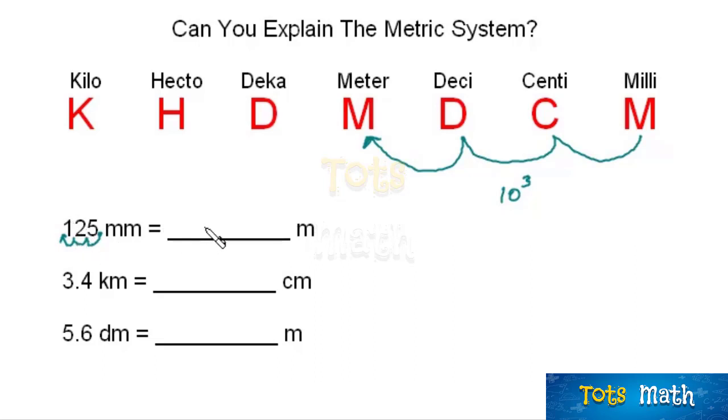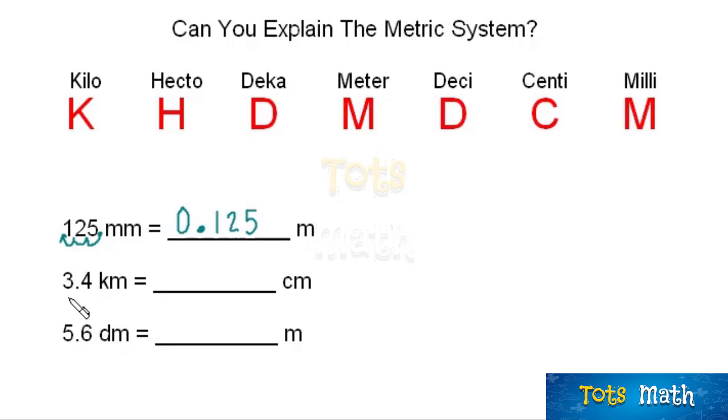So our number in meters is going to be 0.125. And I'm just going to place a 0 here to show that we have no 1s. So 125 millimeters equals 0.125 meters.